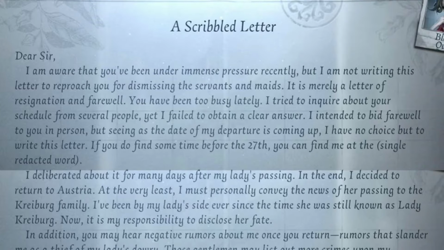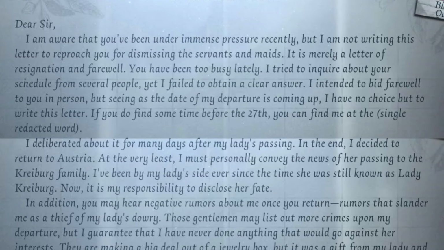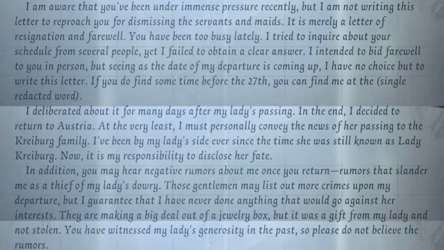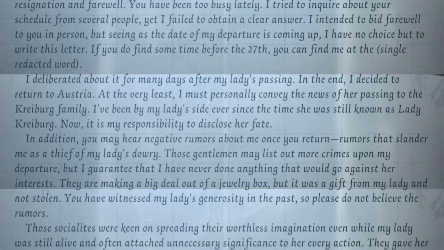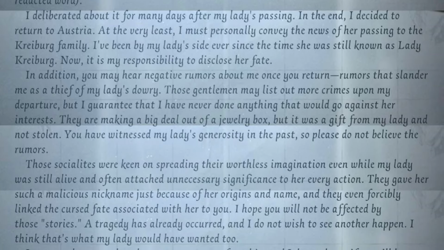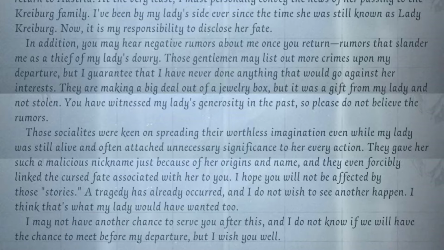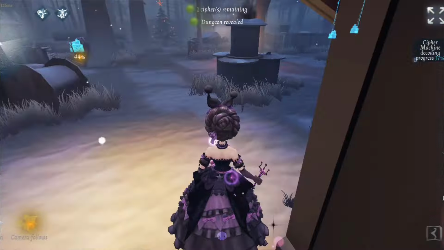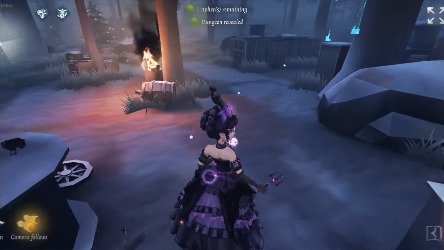Now, in her fourth letter, a couple of things stand out. First, it mentions Mary de Capet's servant, who wants to go back to the Kreiburg family and tell them about Mary's death. The servant's loyalty makes me think of Princess Lamballe in Marie Antoinette's life. In the latest letter, one line really stood out to me.